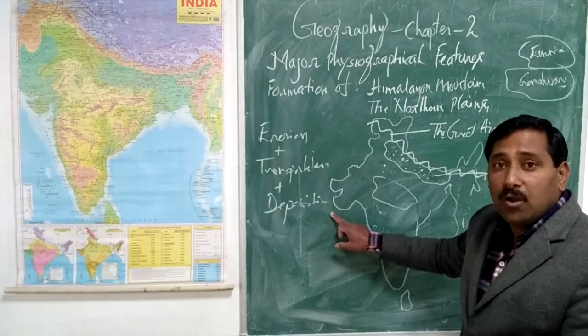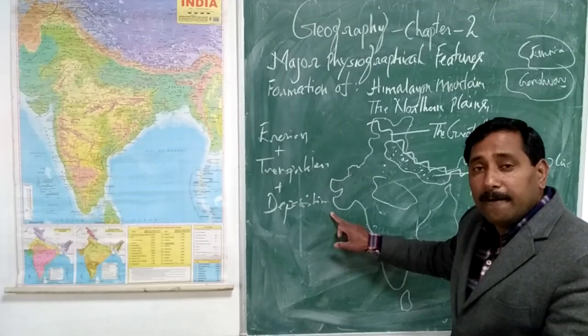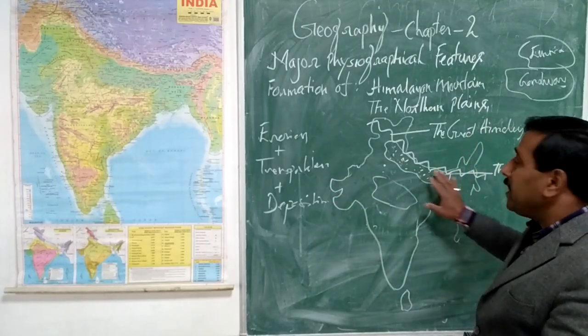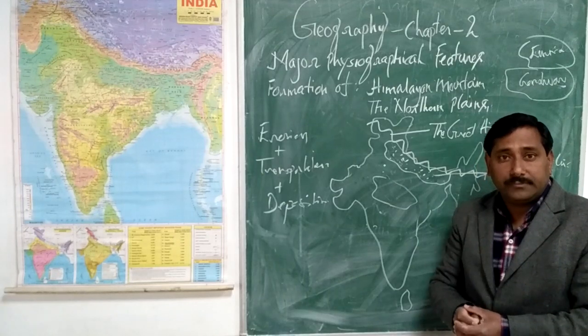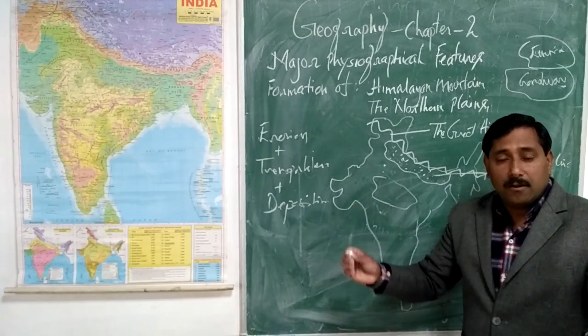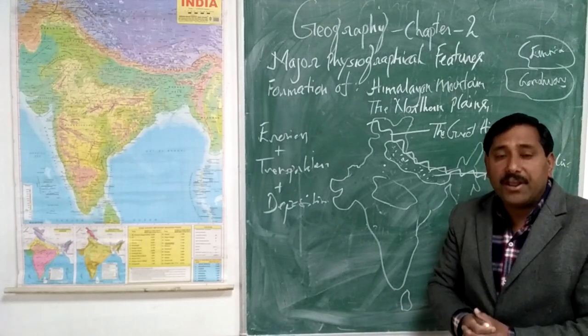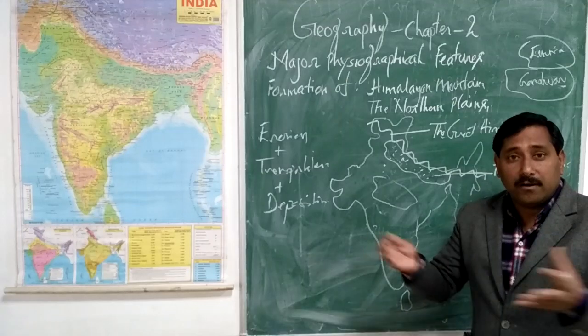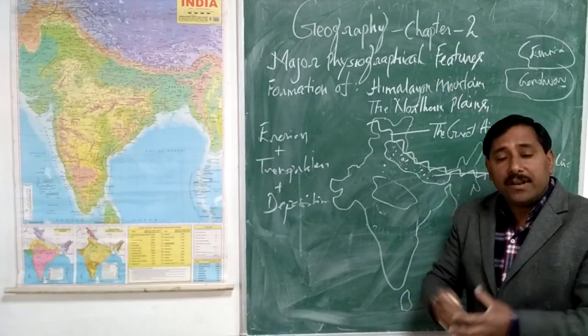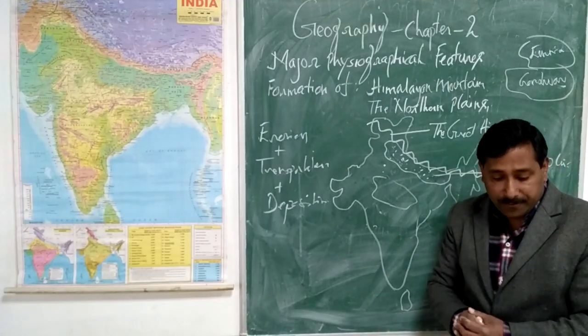Due to that, the northern plains still are one of the fertile lands of the world. And it supports the whole nation with food, fodder, and various other agricultural products.